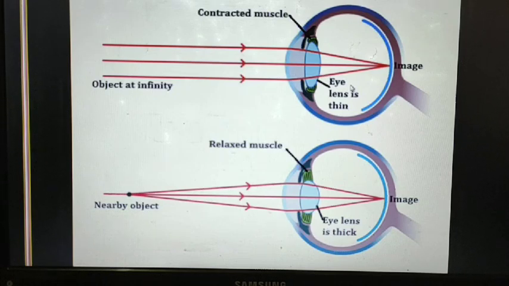As objects move nearer to the eyes, the rays of light reflected by the object become more divergent and require to be refracted more accurately.